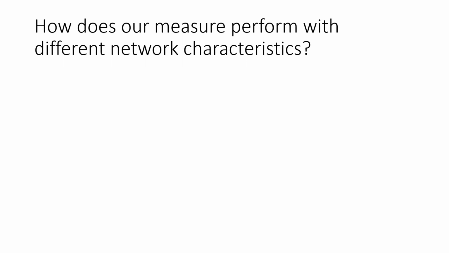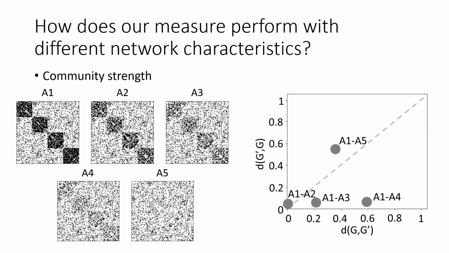Okay, so we're now going to show how our measure performs when we consider the comparison of two networks that have different network characteristics. The first thing we want to look at is what happens when we compare two networks where the community structure is defined in different strengths. By this we mean we reduce how well the community structure is defined.